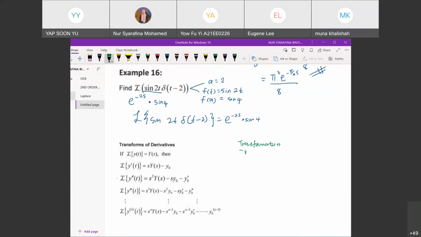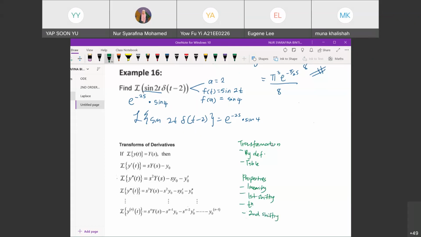We have it by definition and by table, and then we have learned about the properties: linearity, first shifting, multiplication by t^n, and now second shifting.